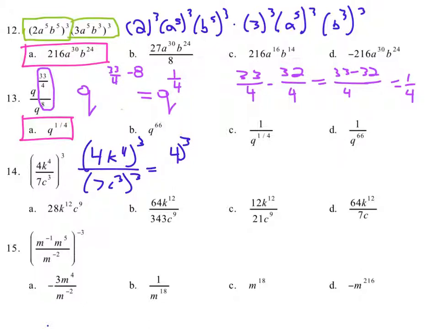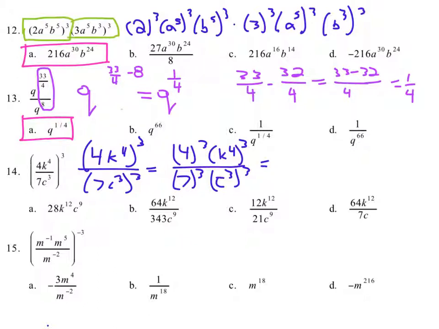Sorry, having a little bit of glitchiness. Let me erase it and just rewrite it. 4 to the third times k to the 4th to the third over 7 to the third times c to the third to the third.